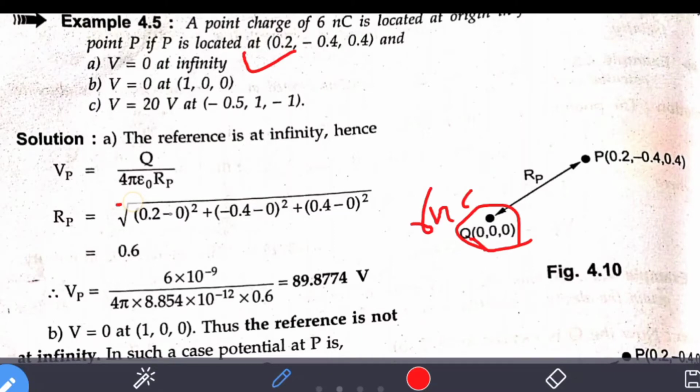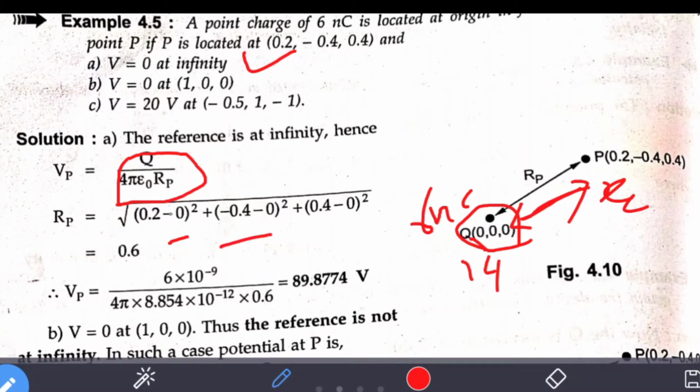Vp equal to Q by 4 pi epsilon naught Rp, where Rp is the distance of point P from the origin. Using x2 minus x1, y2 minus y1, z2 minus z1, with x1, y1, z1 all 0, the distance is the square root of (0.2 minus 0) squared plus (-0.4 minus 0) squared plus (0.4 minus 0) squared. From that, Rp is 0.6.